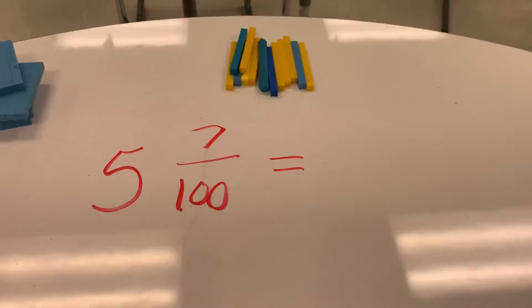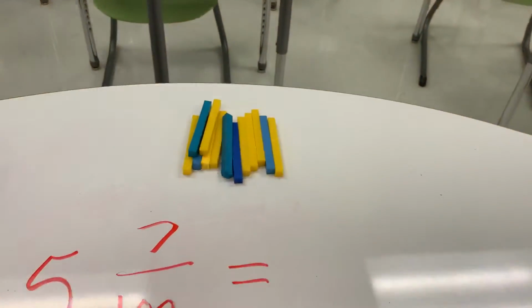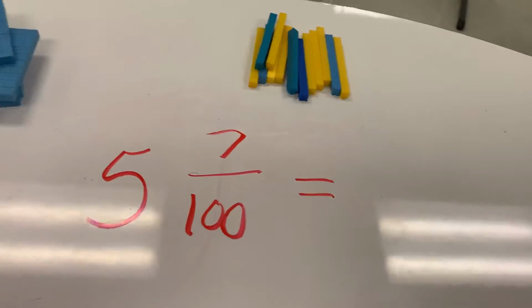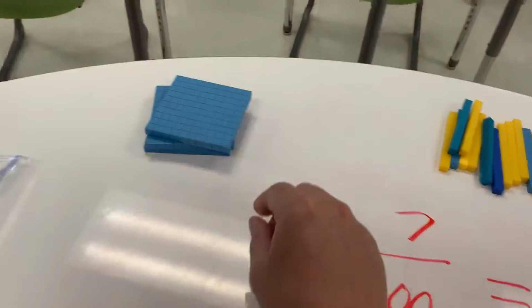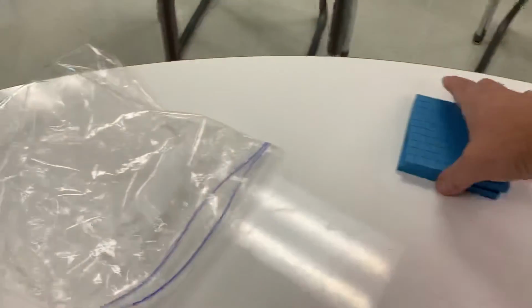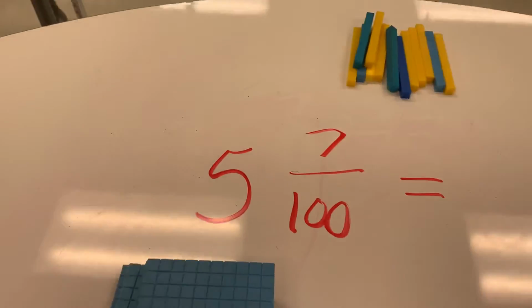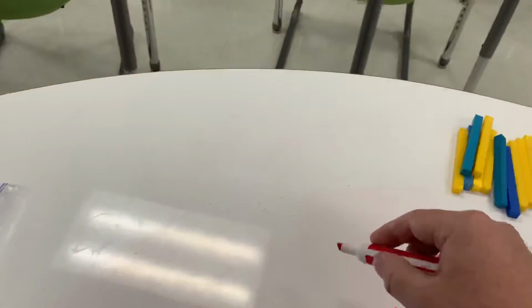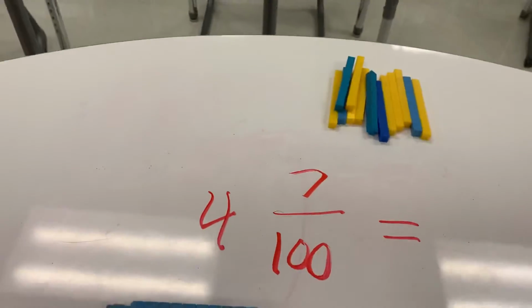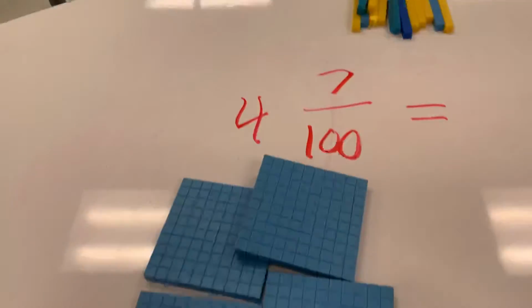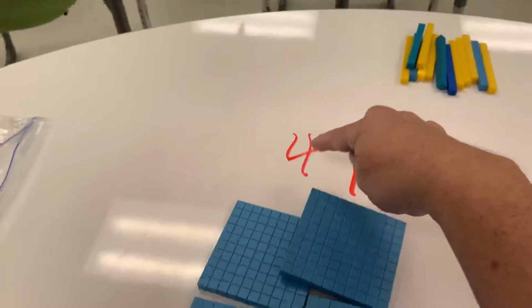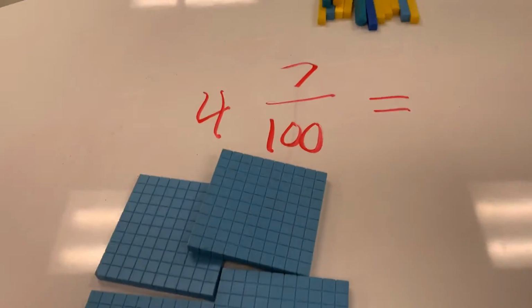So how would that look like as a decimal? 5 and 7 hundredths. Okay, so let's make it in this first. So 5, oops. I only have 4 here, so let's change it to 4 and 7 hundredths. I only brought four wholes here.